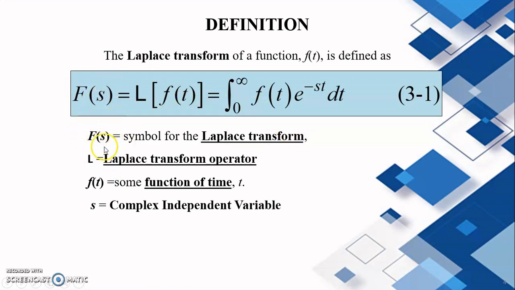So capital F in the bracket s is a symbol for the Laplace transform, and capital L is the Laplace transform operator. Then f(t) is some function of time, and s is a complex independent variable. Basically, if you look at this expression you will not understand anything, but after we do some examples, then you will understand.